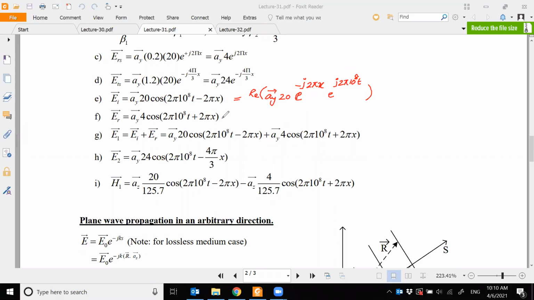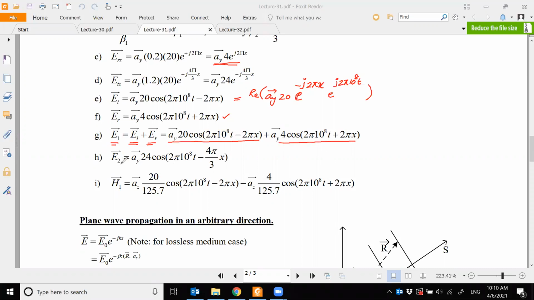So similarly, you can get the reflected field because you have the reflected field in phasor form. And then what will be the total field? So the total field in medium 1 will be the incident field plus the reflected field.